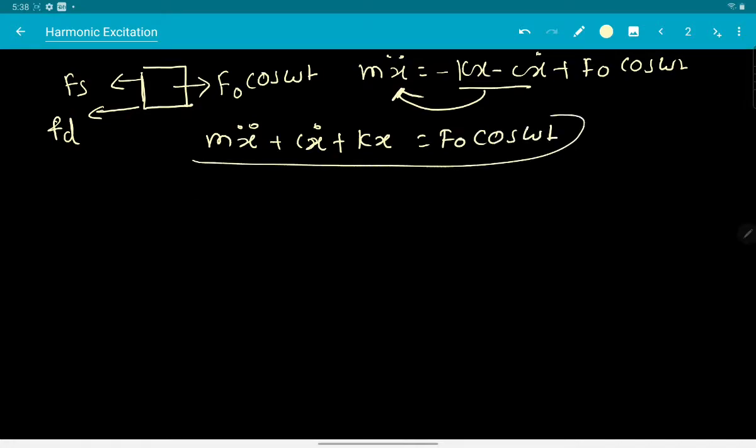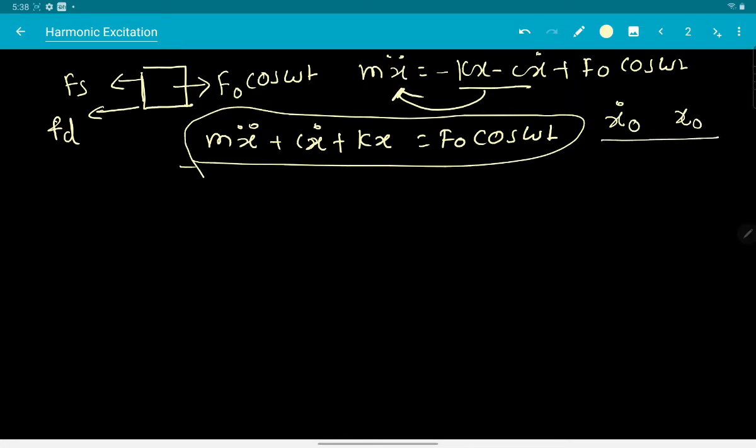This is the differential equation for the problem under consideration, and we have two initial conditions specified: x at time t equal to 0 is x0, and x dot at time t equal to 0 is x dot 0.